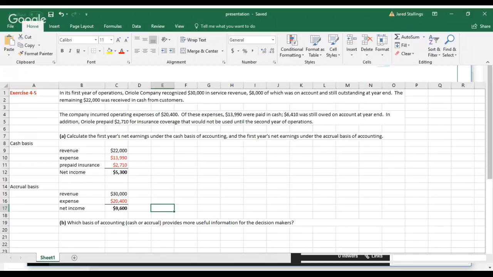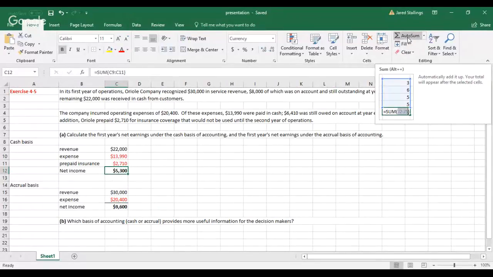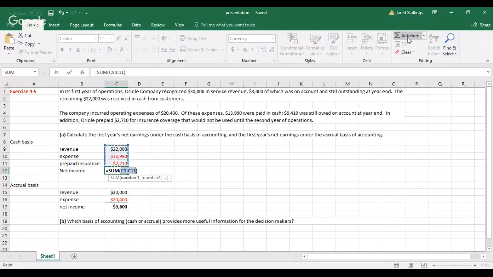So it says, A, calculate the first year's net earnings under the cash basis of accounting. So that was this. We just auto summed it. That's this little button up here in the corner, auto sum. If you click this icon and do the auto sum up here, it automatically selects the ones above it.